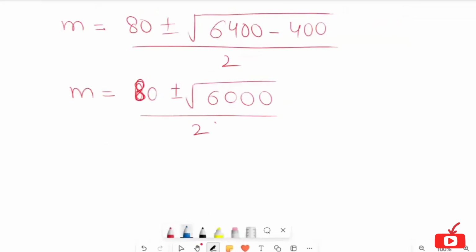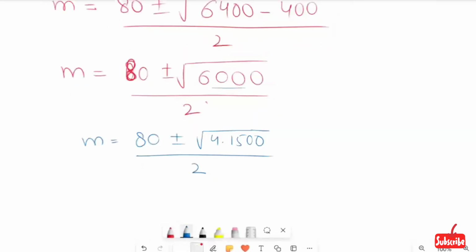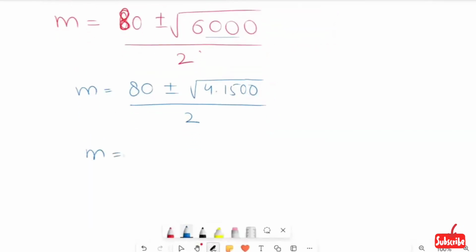Next, I am going to split this 6,000 in this form: m is equal to 80 plus or minus root of 4 times 1,500, which gives us 6,000, over 2. Now the root of 4 is 2, and 1,500 I am going to write the same inside the root, over 2.